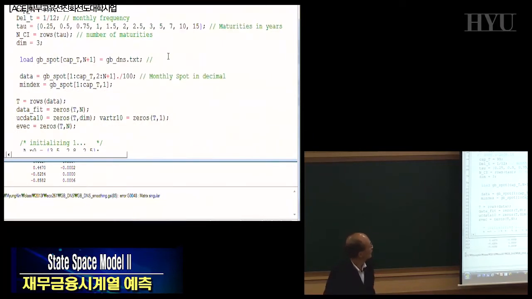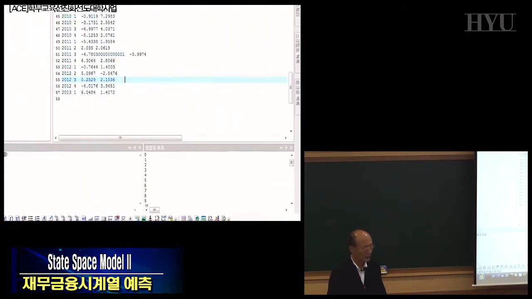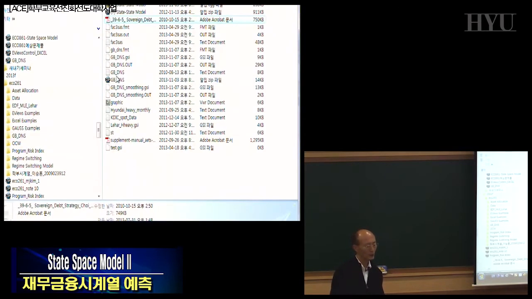So the data here has a monthly frequency, and the total number of observations is 99, and we have 12 maturities. Let's take a look at the data set, GBDNS.